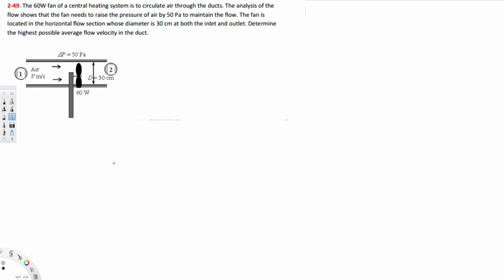So let's see how we can find this one. First of all, we are going to use the energy equation. But first we have to know what energy exists right here, right? So to find that, we can bring this equation: delta E system is equal to Q in minus Q out, so this is heat energy, plus W in minus W out.